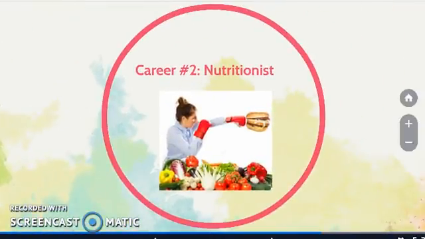My second career choice would be a nutritionist, and basically a nutritionist is a trained professional who has met the educational standards set by the Commission on Dietetic Registration, which is the CDR of the Academy of Nutrition and Dietetics, and that is the AND.